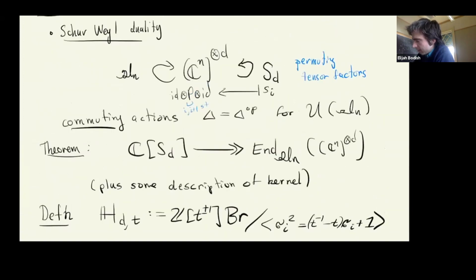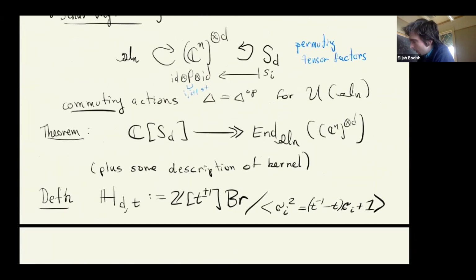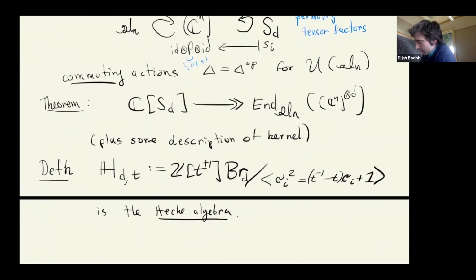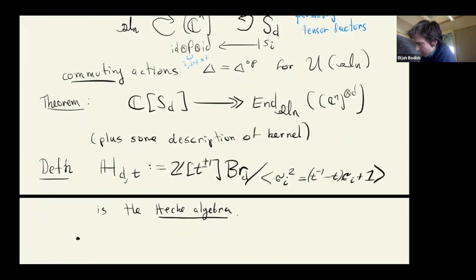And this is the Hecke algebra, and it depends on D, so I should probably say something like Hecke algebra on D strands or however you want to say it. But the point is that this Hecke algebra appears to have various specializations.